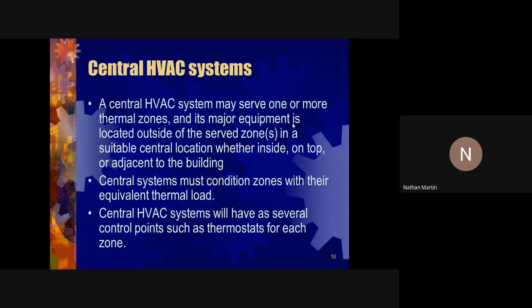Central systems must condition zones with their equivalent thermal load. If you put too many rooms or spaces on a central unit, meaning it's undersized, it will not cool the spaces properly, and you will have a lot of mold buildup because the air will not be dry enough.